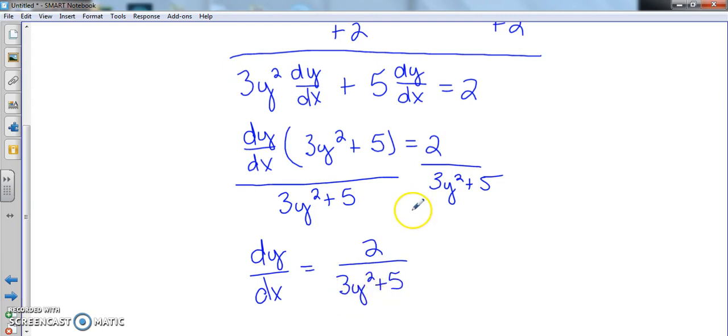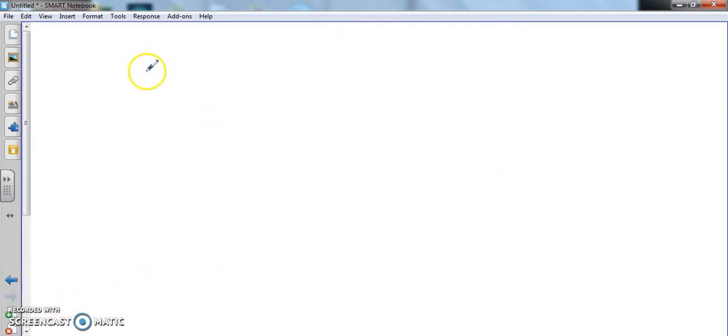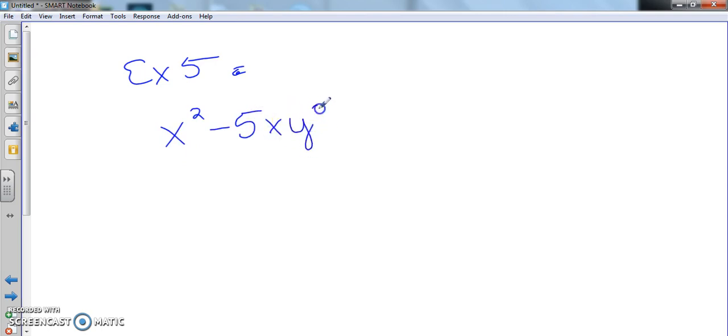Not too bad. A lot of steps, but slow and steady will win the race. Okay, let's look at our last equation, and we need to be really careful. Let's try x squared minus 5xy squared plus 3y minus 10 equals 0.